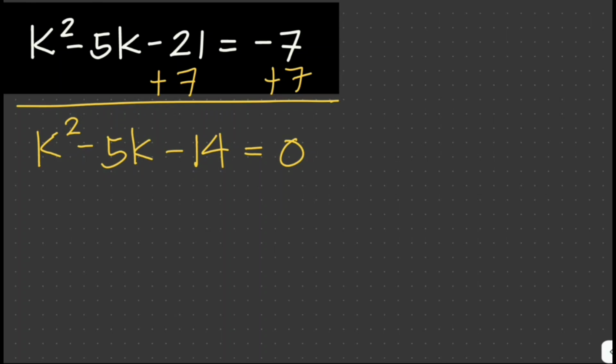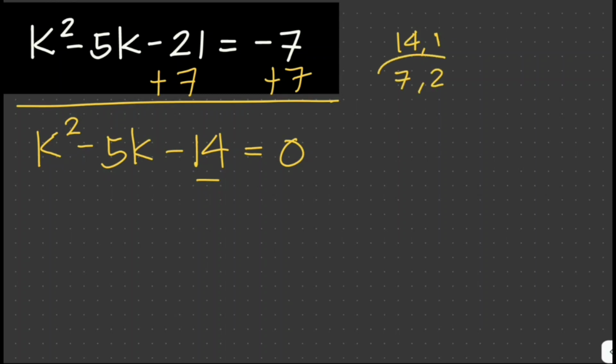Let's try if we can factor this. We look for factors of 14 that when we multiply them, it would equal negative 14, and when we add them up, it would equal negative 5. So the factors of 14 are 14 and 1, and 7 and 2.